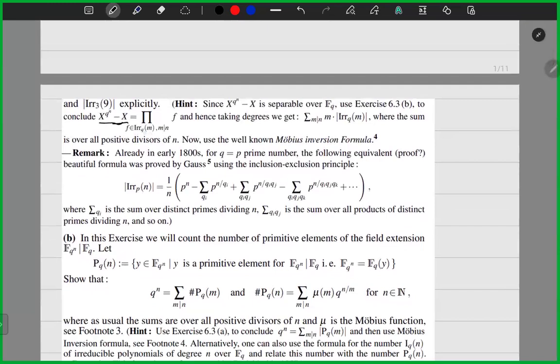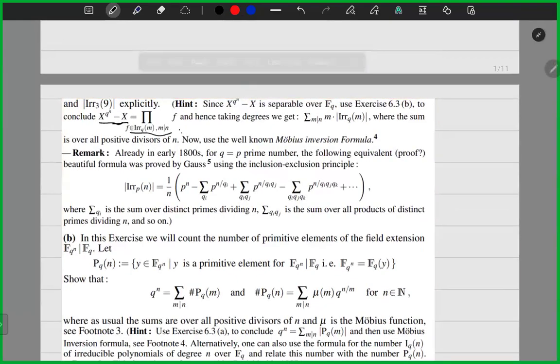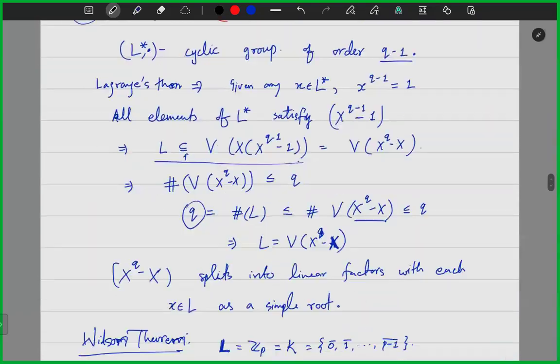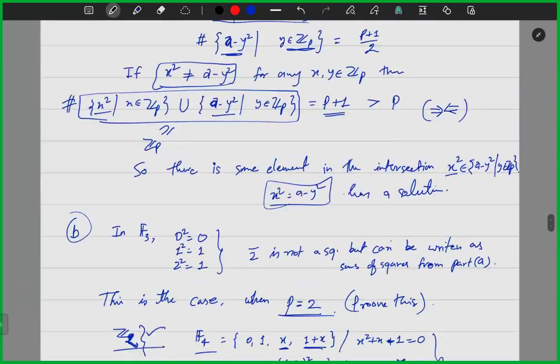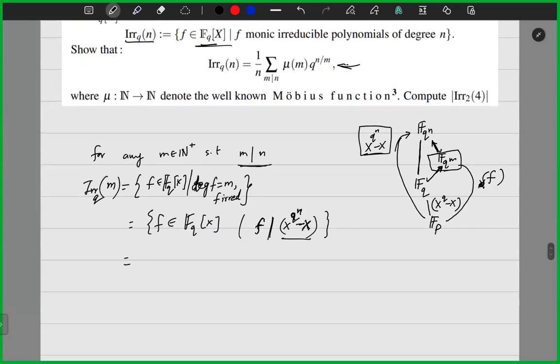Okay, this can be written as all the factors. Then we will count it. So from this conclusion, f is a factor of this.